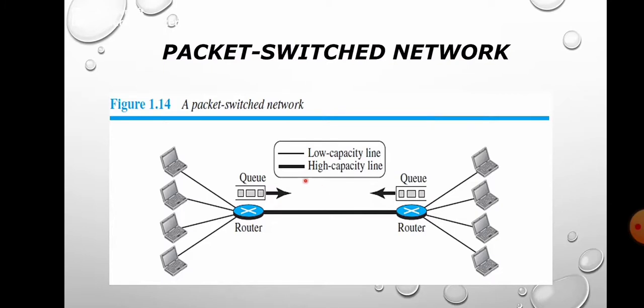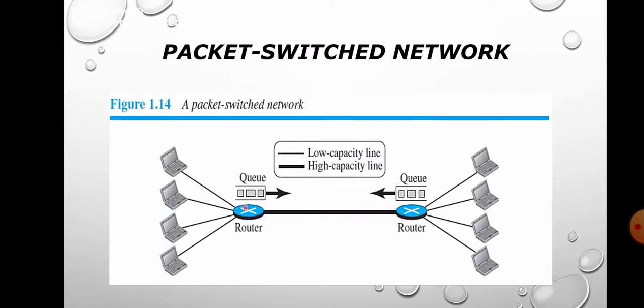In the case of a packet switch network, we can observe that we have some intermediate devices like a router, and the information can be transmitted through different paths. But at the receiver side, the information needs to be reassembled to get back our original message.